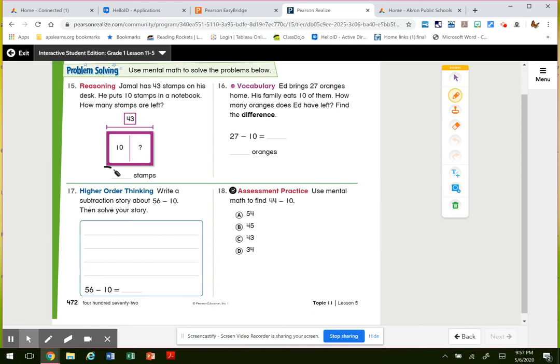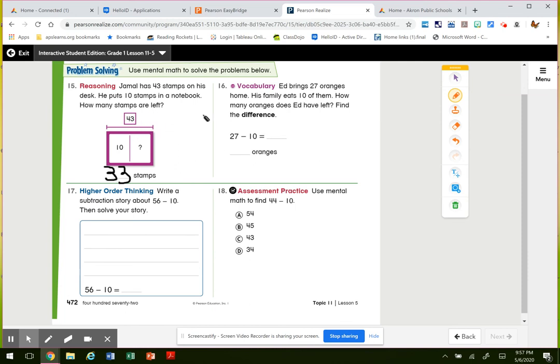And our number right here, 3 take away 0, is going to stay the same, 3. So 43 take away 10 equals 33. So the other part of this is 33. So when we put them back together, we would get 43.